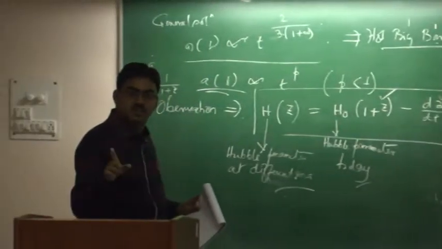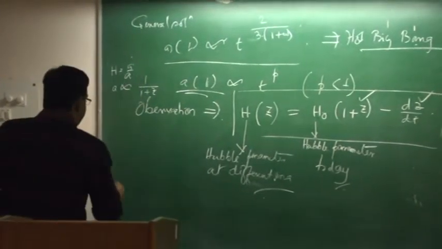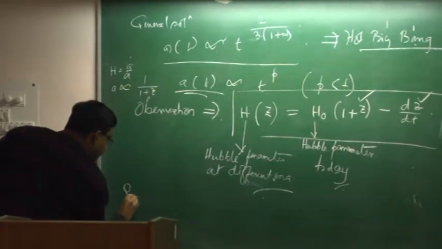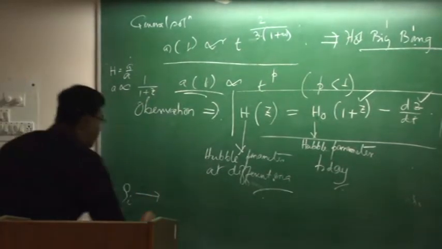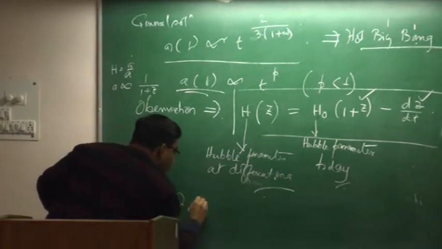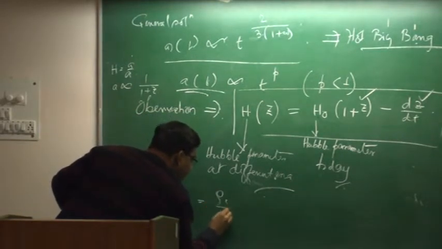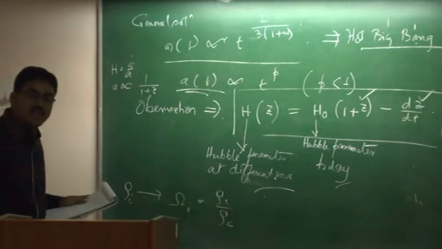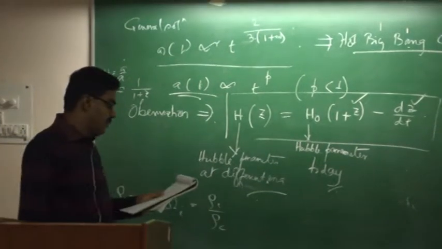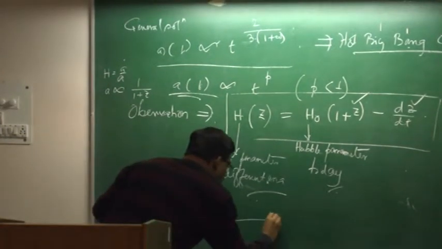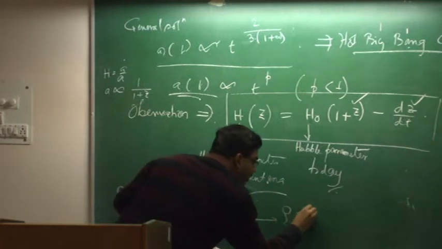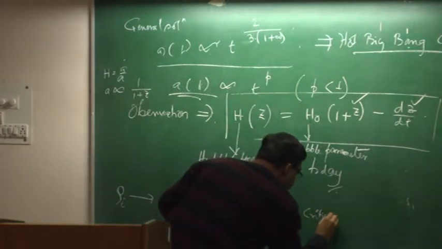So if you have a mixture of cosmic species, instead of defining rho i, we define a new parameter omega i, which is my rho i by rho c. But this rho c is called critical density.